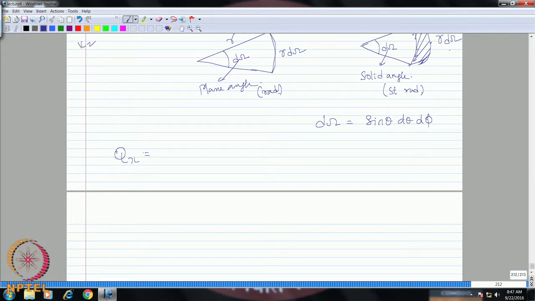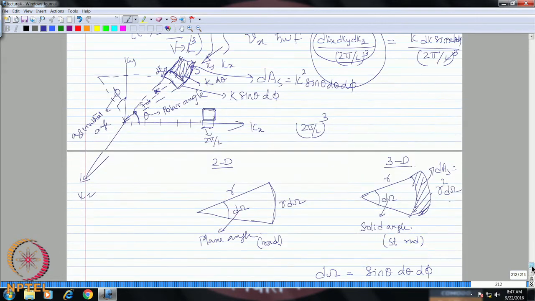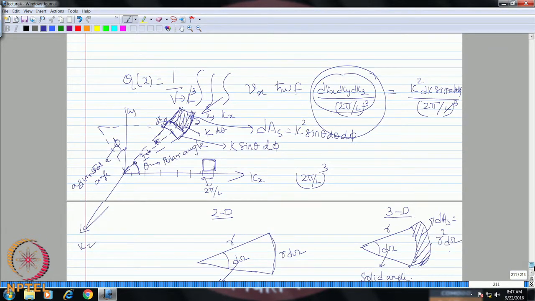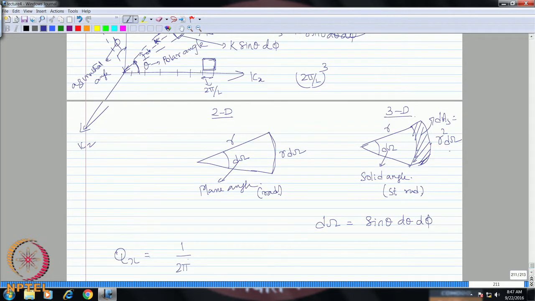will have 1 by (2 pi) the whole cube, okay, and so I have the integral, please make sure, yeah, I think this is okay.